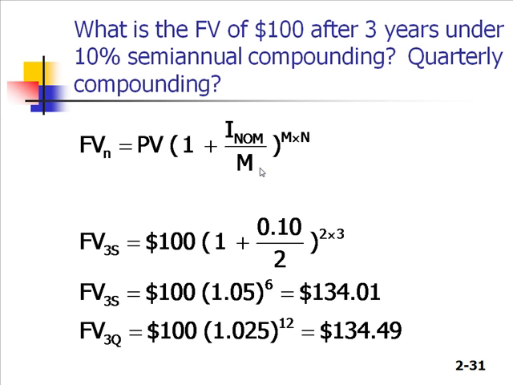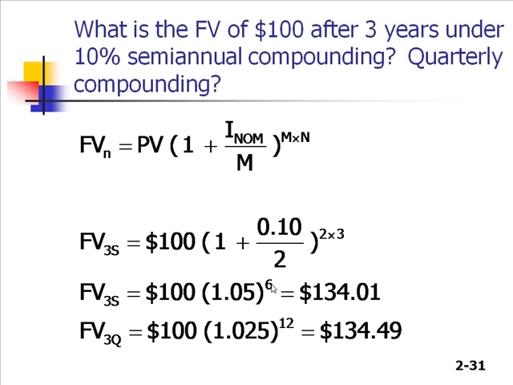Well, this is just showing you what adjustment you've got to make. It's just showing you that you've got to take the annual rate and divide by the number of periods in a year, and you've also got to take the number of years and multiply by the number of periods in a year. So down here, that meant that we had to cut 10% in half, making it 5% for a semi-annual rate, and we also had to take 3, the number of years, multiply it by 2, and get 6 half years.